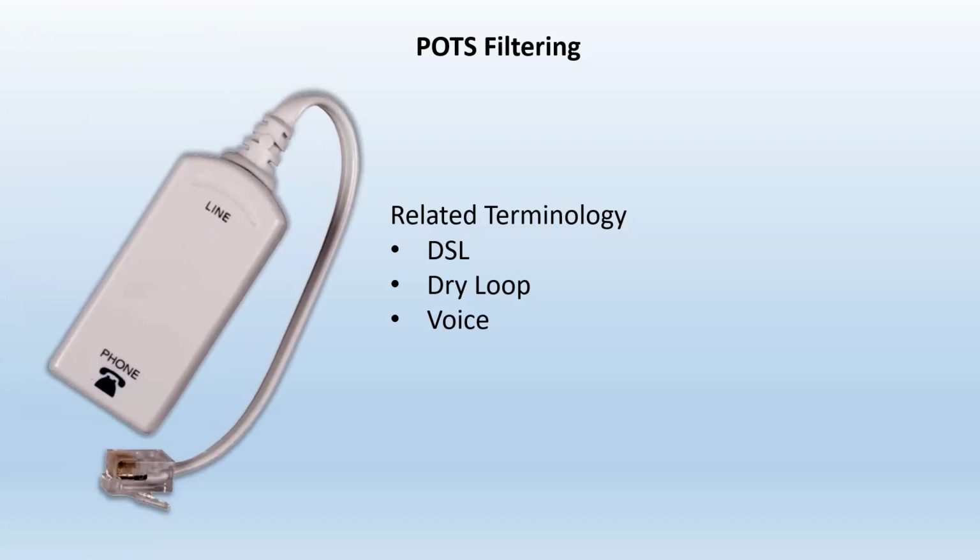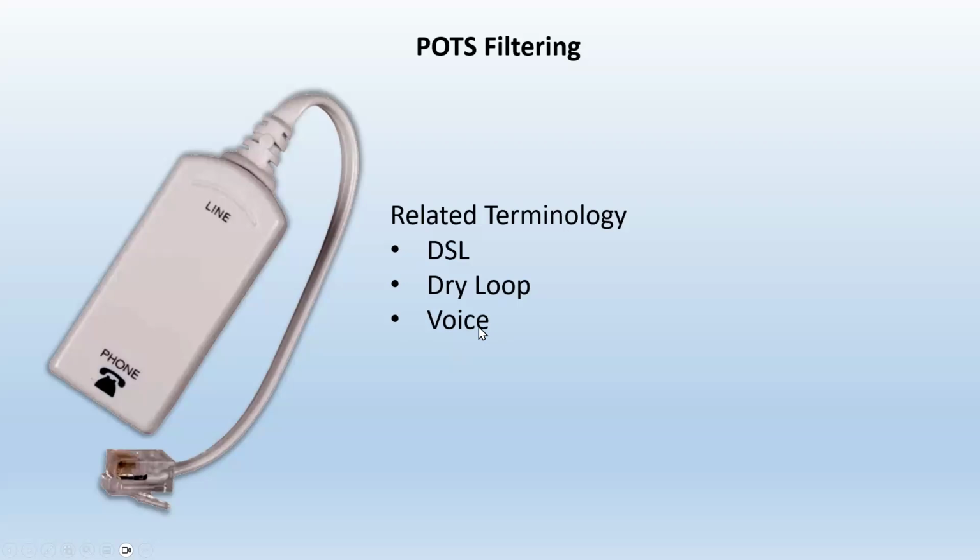Here's a filter that can be connected to each individual phone, at each individual phone location. So it filters out the DSL signal, the annoying buzz, and only passes through the voice signal.